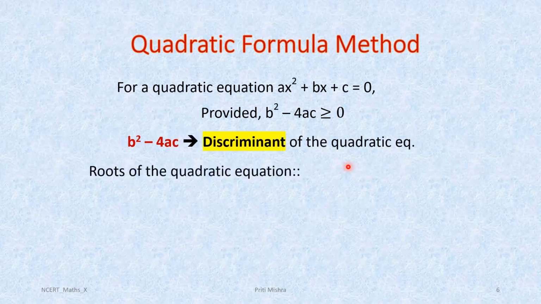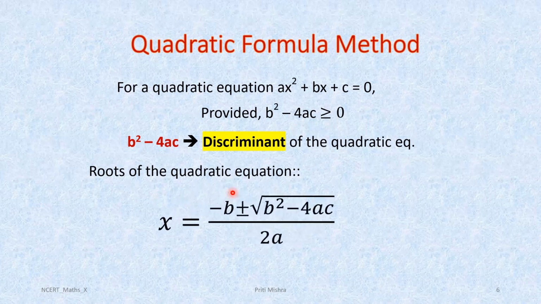So if b² - 4ac is greater than or equal to 0, then the roots of the quadratic equation can be given by the quadratic formula, which is x = (-b ± √(b² - 4ac))/2a. Means here we use the value of this discriminant and then we can directly calculate the roots of any quadratic equation.